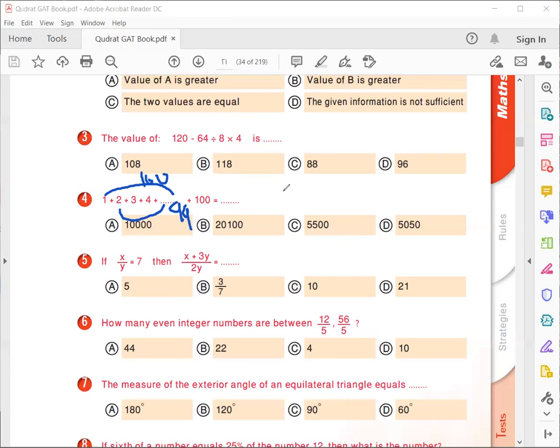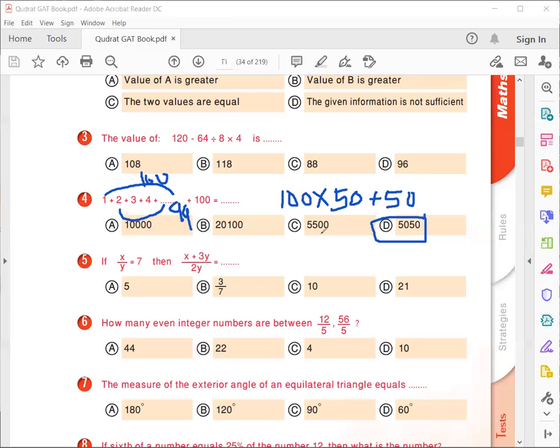How many 100s do I have? I have 50 hundreds, plus the middle one, which is 50 also. So you multiply 100 times 50, it is 5050. It is D. Okay?